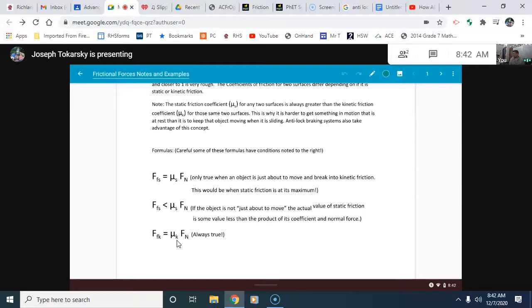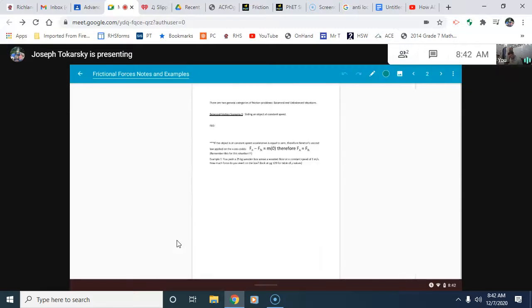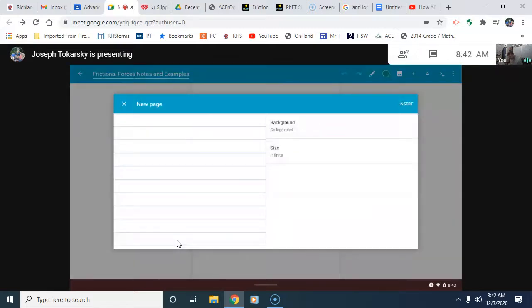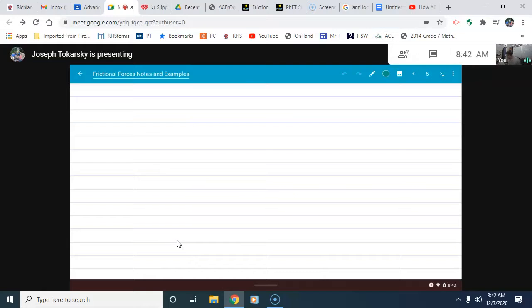So, for example, if you have your textbooks around, go to page 129. This is a very important concept here as well. I'm just going to jot a few things down if you don't have your book directly in front of you.